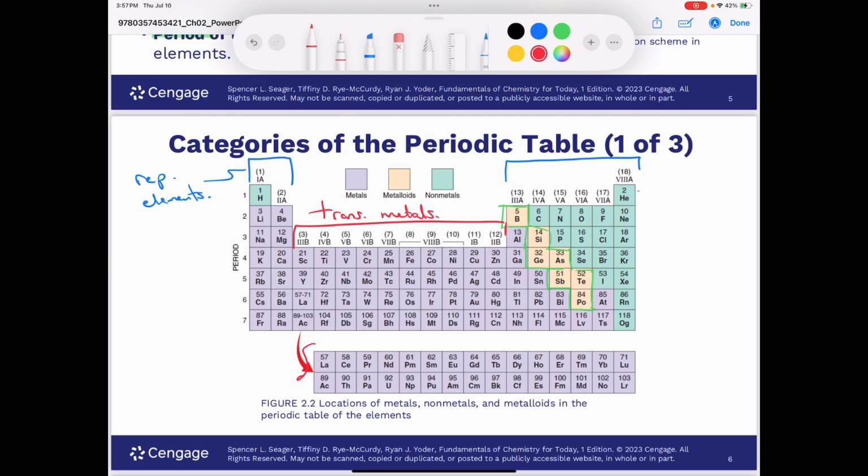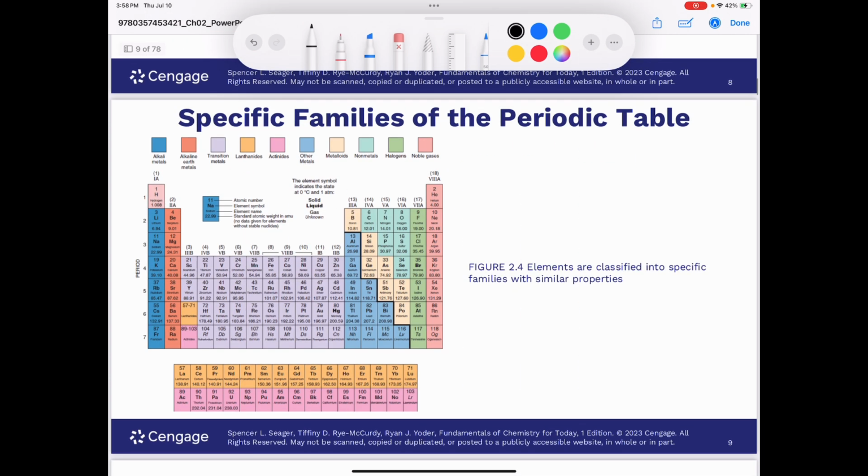And down here, these are what we call the inner transition metals. But some people like to call them the lanthanides and the actinides because they start with lanthanum, element number 57, and actinium, element number 89.